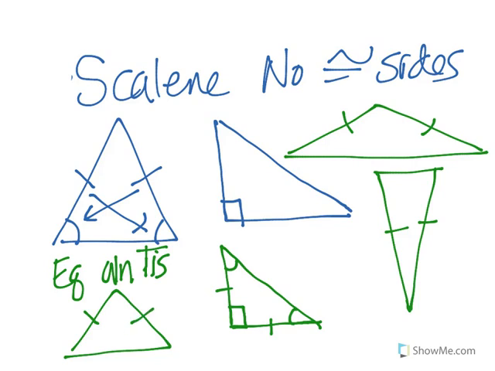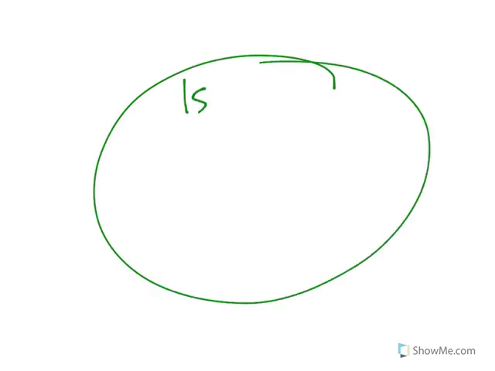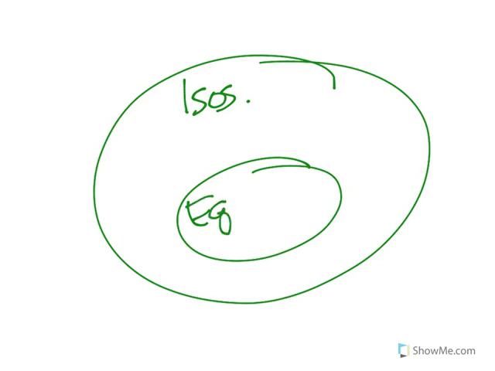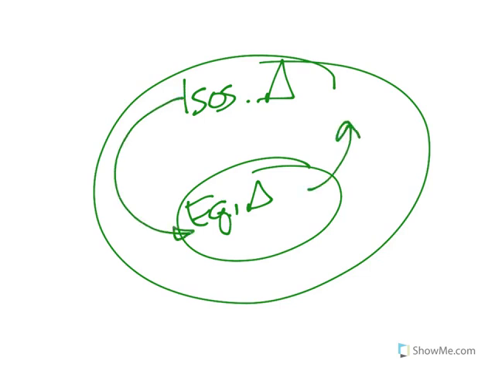It just happens to have three. Remember our little Venn diagram? Isosceles triangles, equilateral triangles. They're a subset. So equilateral triangles can be isosceles, but not all isosceles are going to be equilateral.